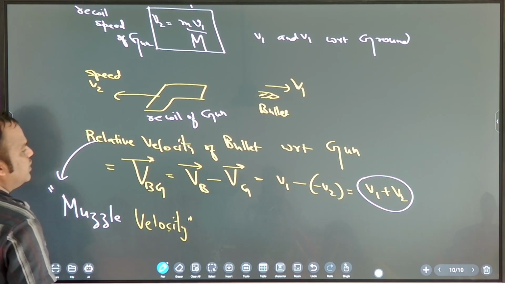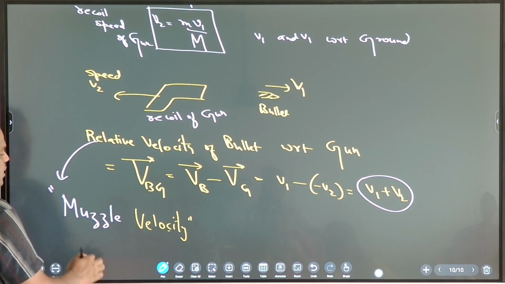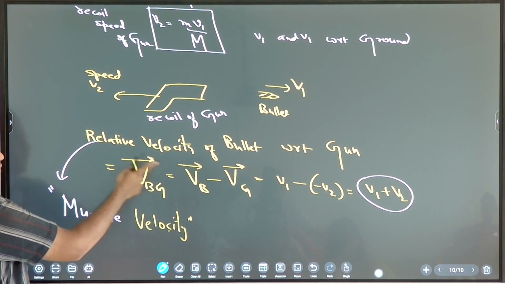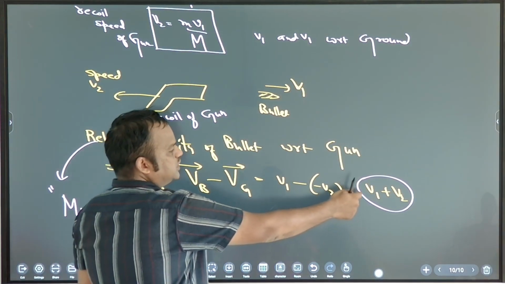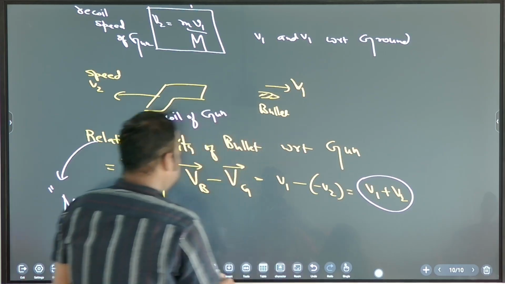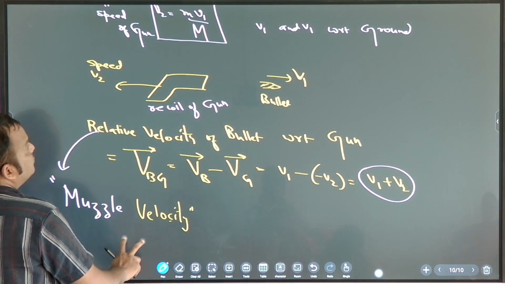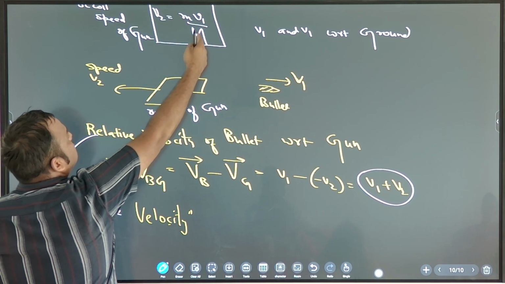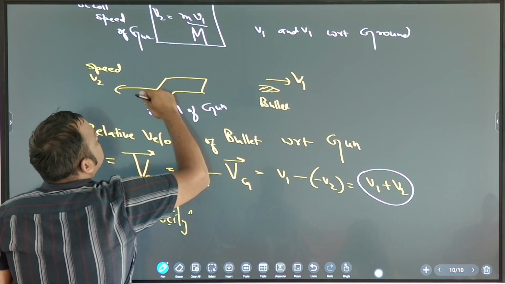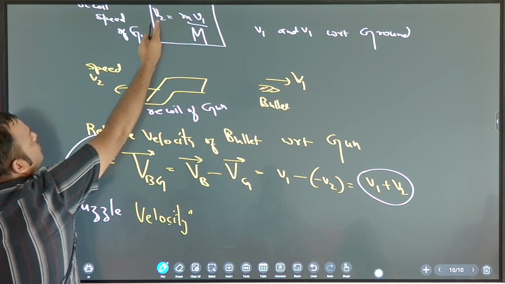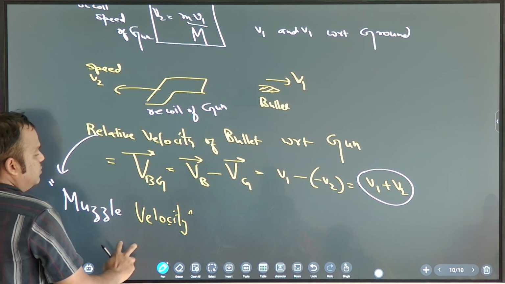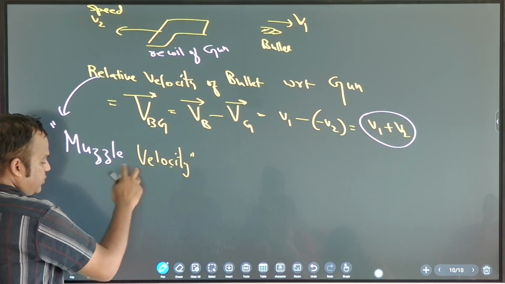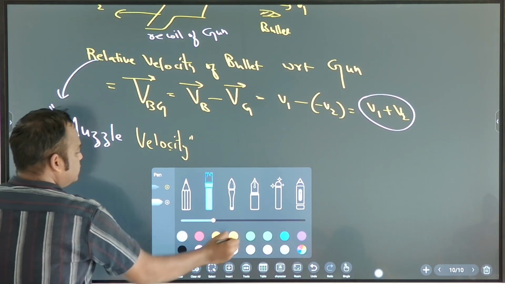Let's do one numerical. Muzzle velocity means relative velocity. Remember, the formula for relative velocity is V1 plus V2, and V2 is equal to mass of bullet by mass of gun into V1. This is the recoil velocity of gun.